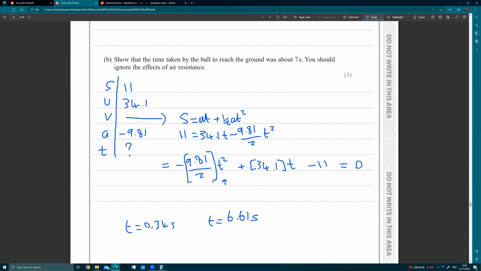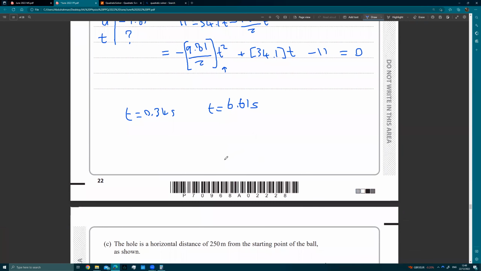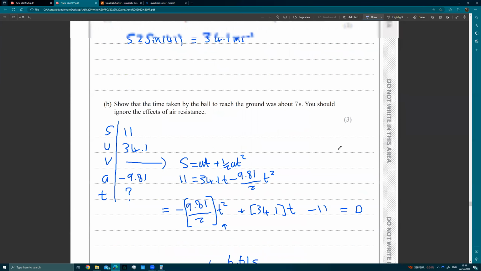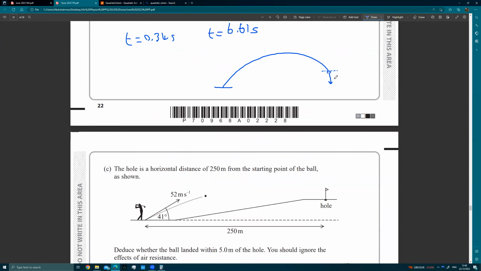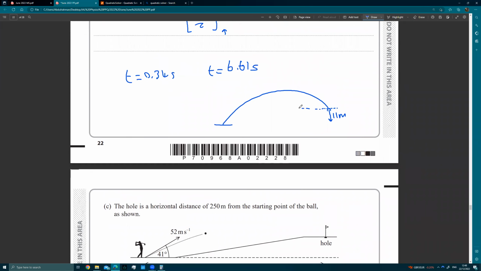If I were to draw the motion again, it went like this. And we're working out the time it took for it to have a displacement of 11 meters. The reason we have 2 times is because twice on the motion, it reached a displacement of 11 meters.